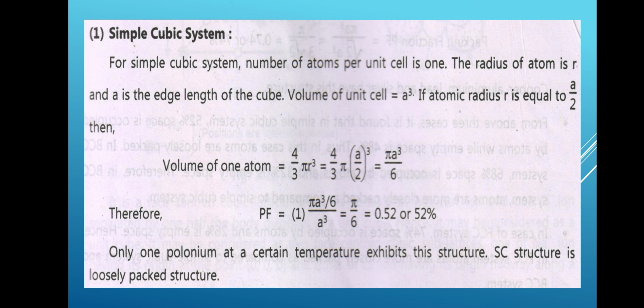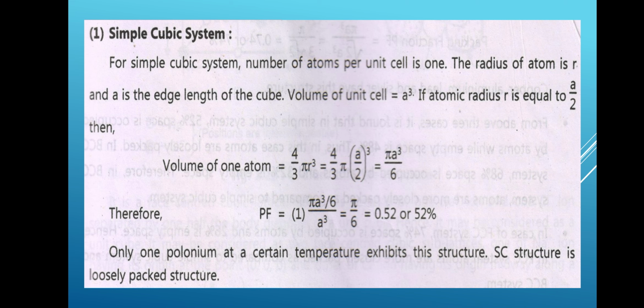If atomic radius r is equal to a by 2, then volume of one atom is equal to 4 by 3 pi r cube, that means 4 by 3 pi into a by 2 cube, equal to pi a cube divided by 6.